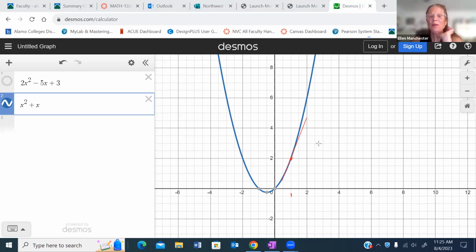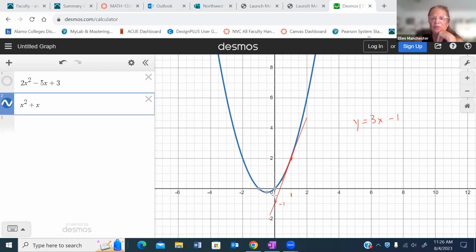Okay, if you remember, our slope was 3. So the equation of the tangent line was 3x minus 1. Well, if I continue this down here, I would cross right there. You see it? There's my -1.